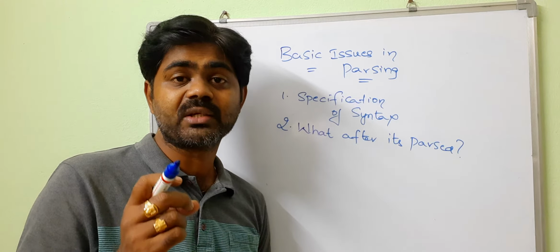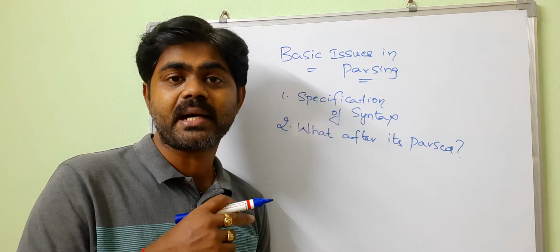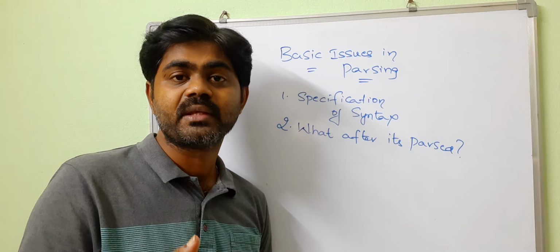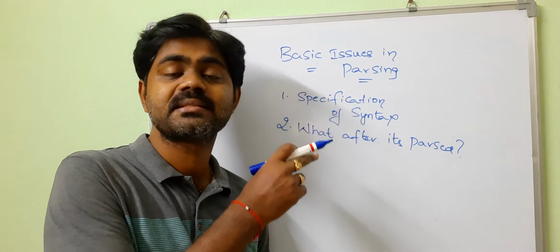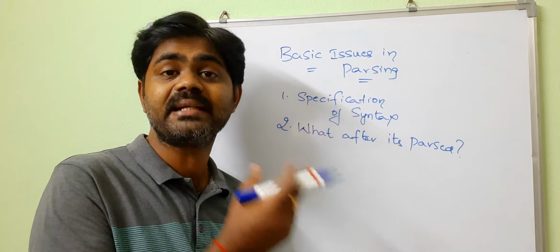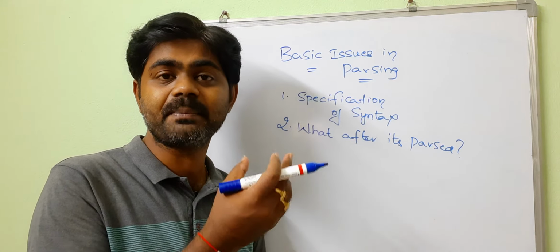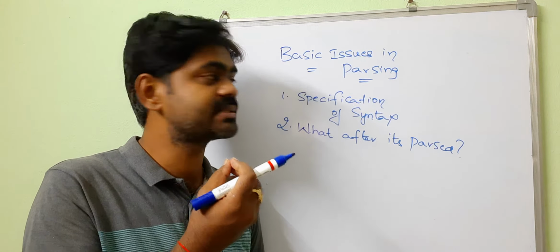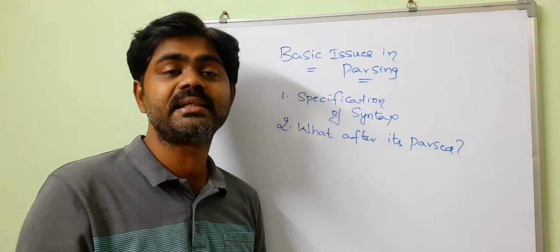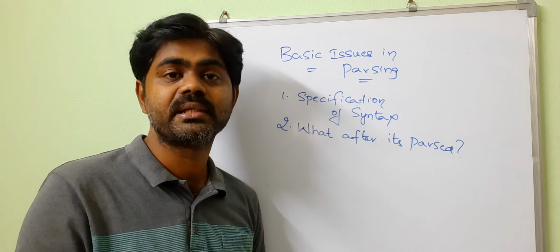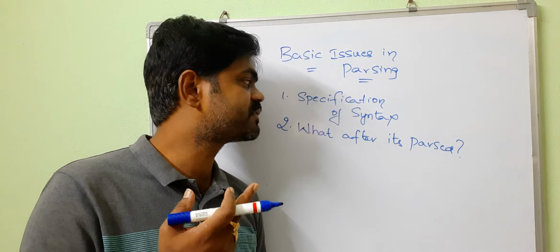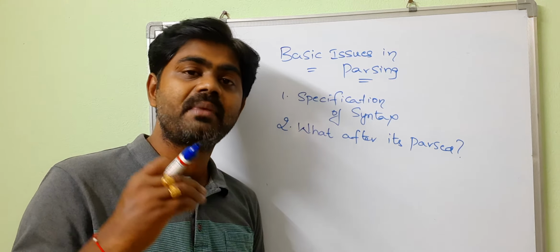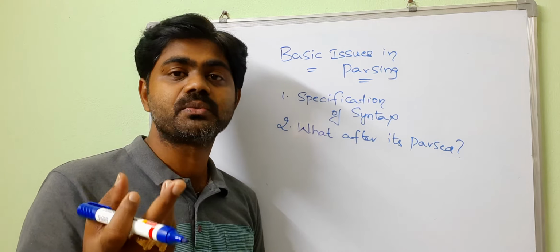Also whether the context of that parsing is correct, whether it has a perfect meaning, and whether the syntax has a particular semantics. These are the basic issues that arise in the syntax while constructing a parse tree. The first and foremost basic issue is specification of syntax. Somehow we overcome this issue.